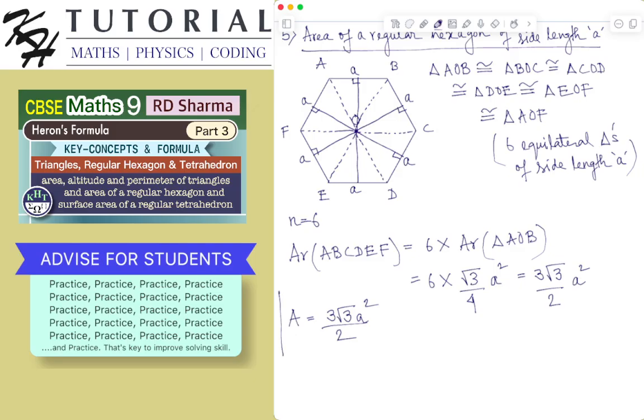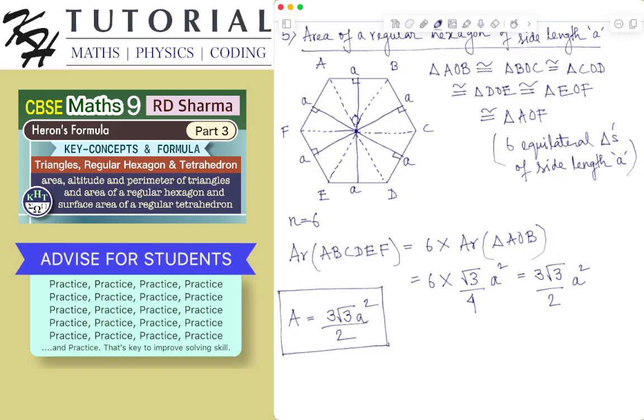Now again, I really do not expect you to remember this formula. If you can, it is fine, but otherwise from this concept you should be able to find it. The concept is that the entire regular hexagon is formed of 6 congruent equilateral triangles, where each equilateral triangle has a side length a, which is the length of the side of the regular hexagon.